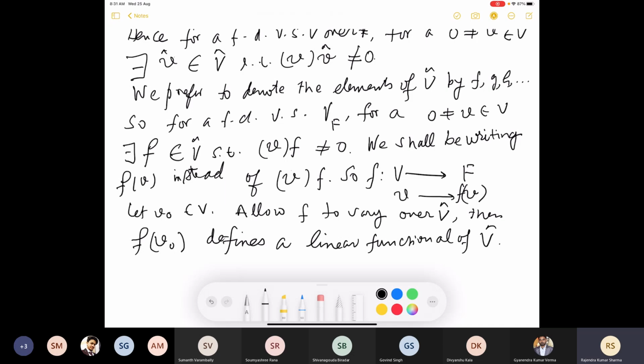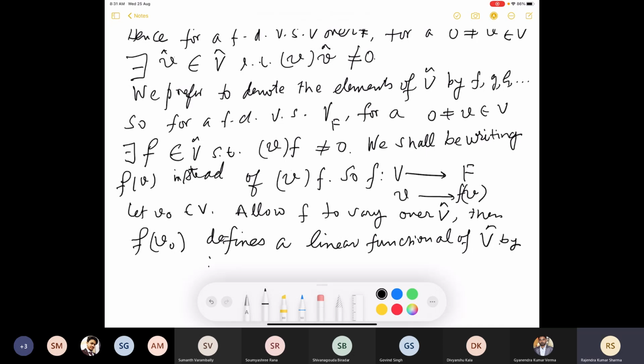So what is happening, and how is this f(v naught) defined? Instead of calling this f(v naught), if you want to write it as a map, this is T v naught.